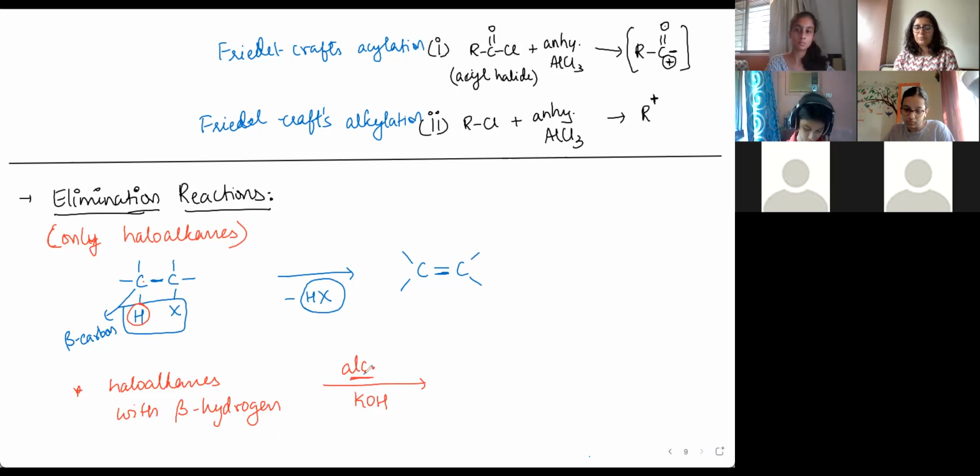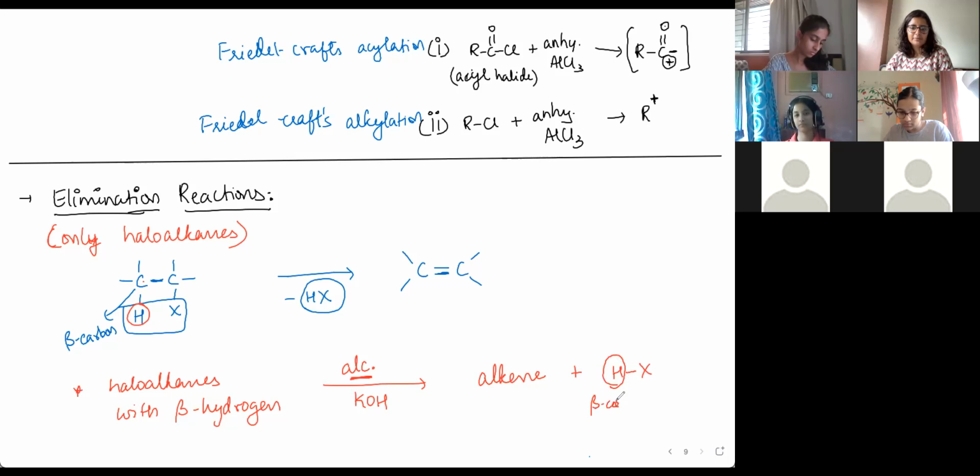So this is again quite important. Alcoholic KOH is KOH mixed in ethyl alcohol or any alcohol. Most common is ethyl alcohol. What you end up getting is an alkene plus HX. So this hydrogen is always from the beta carbon, and the X is whatever X is over here. You call that an alpha carbon.